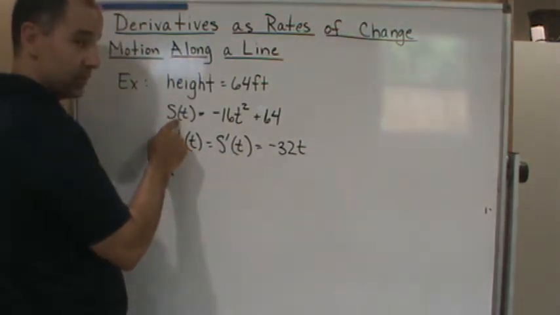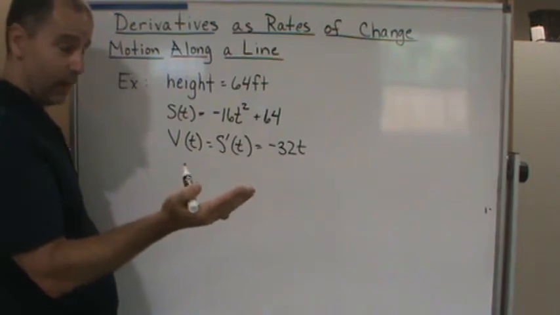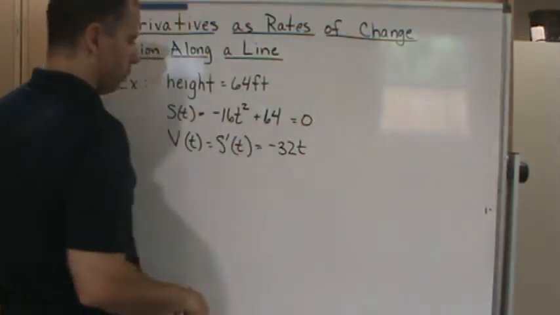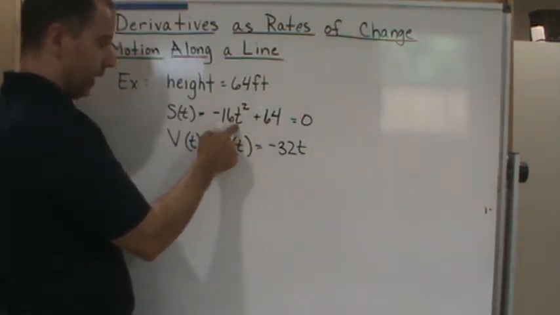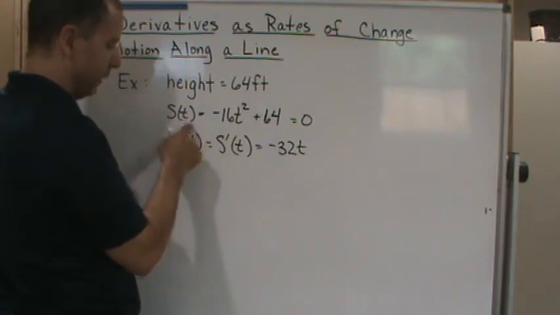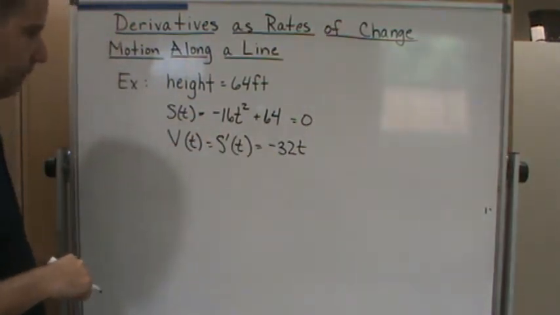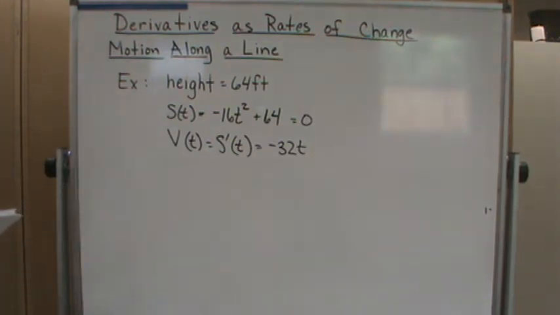We're going to use the position function, because what they tell us is that the ball hits the ground, so the height of the ball is going to be equal to 0. So we need to solve for t here, and then once we solve for t, we can plug t into the velocity function, and we have it. So let's do that.